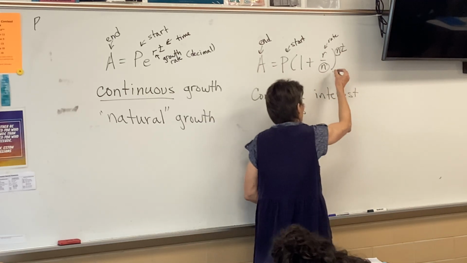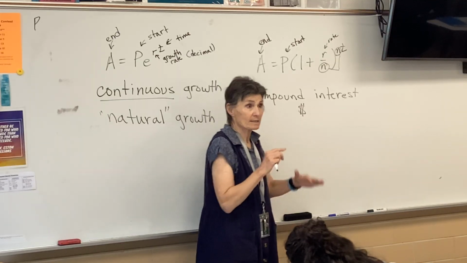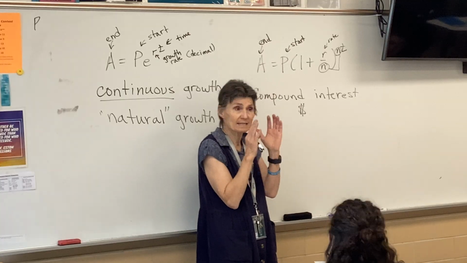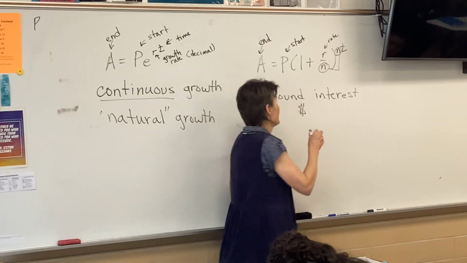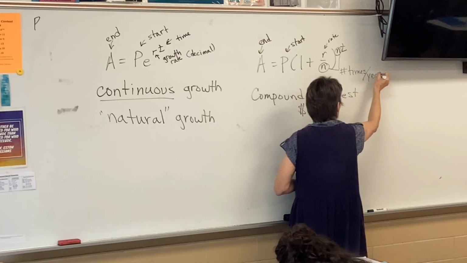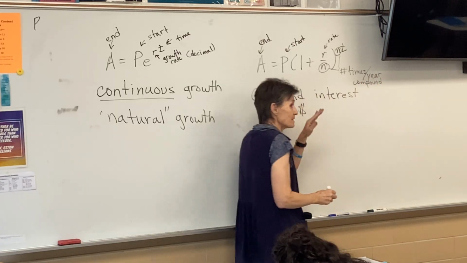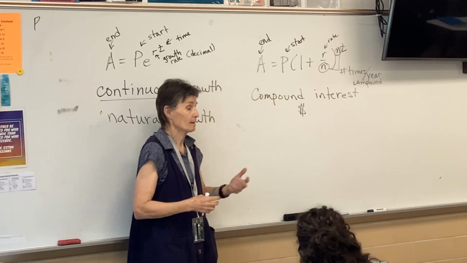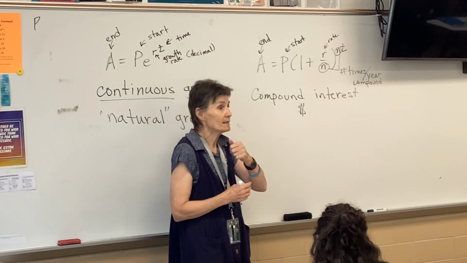N appears twice in this formula, and like always, if the same letter occurs more than once in the formula, it has the same meaning. N is one thing, it goes in twice. And N is the number of times per year that you compound. So remember, this is a money formula, so money growing in bank. So your interest compounded monthly, N would be 12.